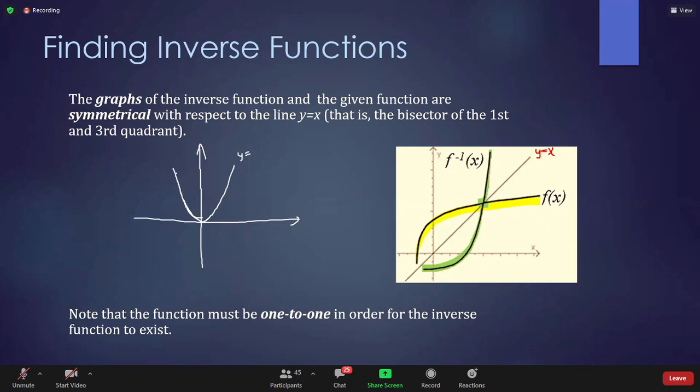So the inverse function should be y is the square root of x, because if we turn this function inside out, x is the square root of y. That is, we swap the names of the variables, and we get the square root function as the inverse of the quadratic function.